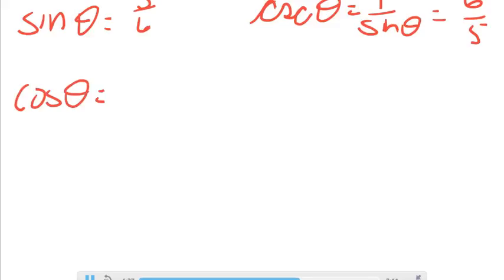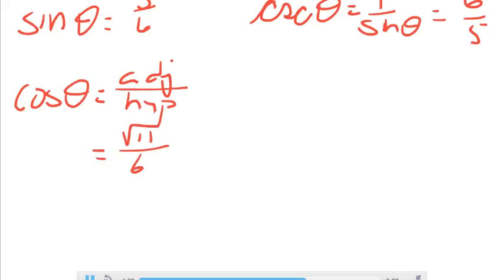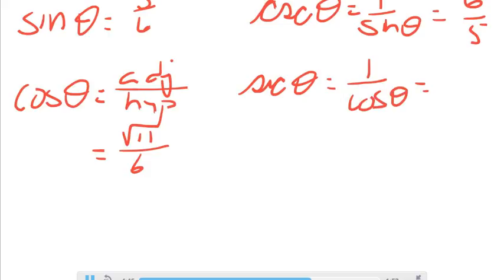Cosine of theta is equal to adjacent over hypotenuse, which in this case was square root of 11 over 6. Secant of theta is 1 over cosine theta, so that means it's just 6 over square root of 11, the reciprocal of what we just did.